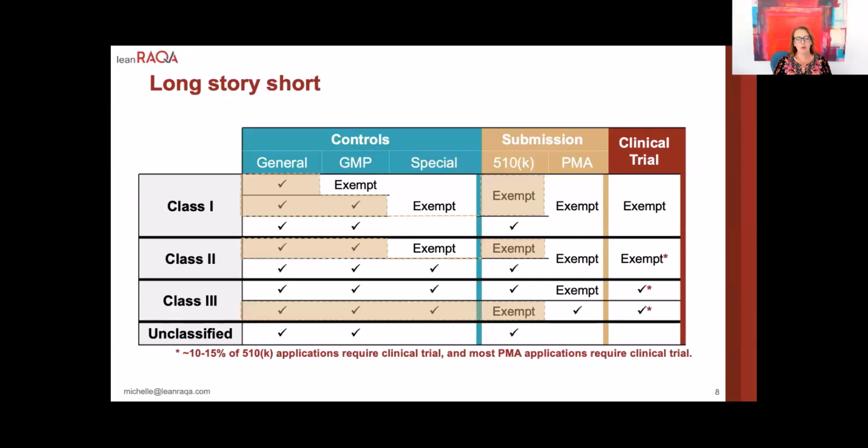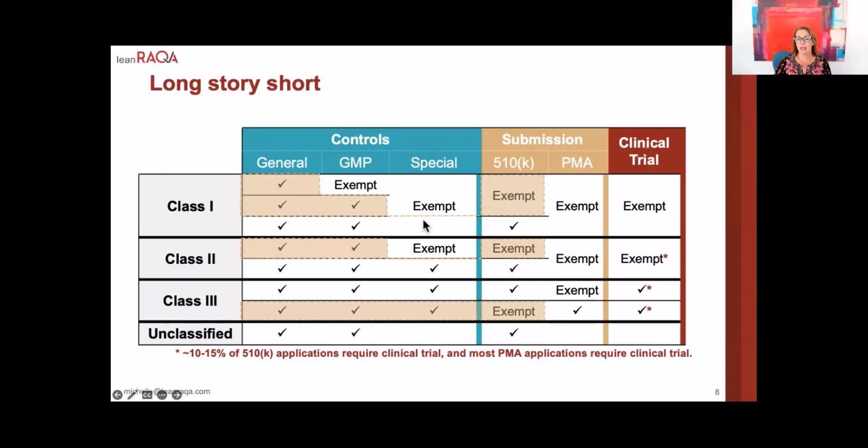So to make a long story short, you have three basic product classifications, but as a result of the 3 different types of controls, the 2 different types of submissions, really 3 if you count de novo, and the clinical trial requirements, you could see there's a myriad of combinations of controls and exemptions.